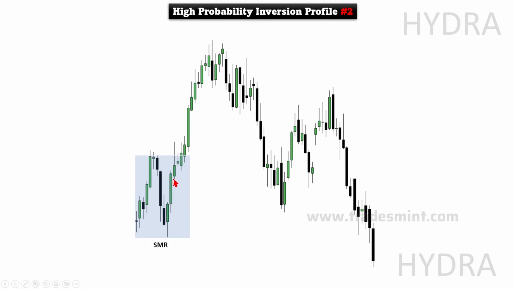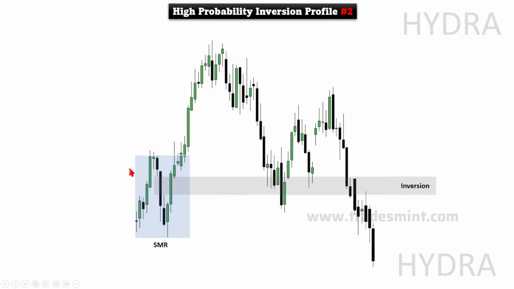We'll wait for price to close the candle body below here. So price did close the candle body below. We are executing according to our rules, but what do you guys see? Price retraced higher. That's what will happen, folks. It's not like every single time you'll see this setup and it will be 100% profitable.